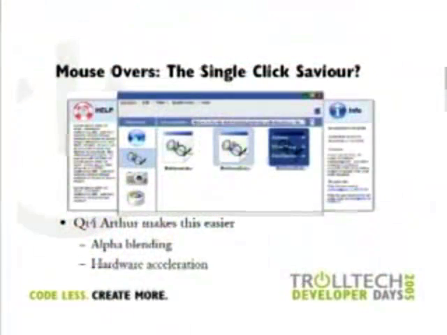So we looked at this and went, okay, well, how can we keep single click, because it's superior in a lot of ways, but solve the problem? How can we address it and make it better? Well, something I'm working on right now is the idea of mouseover based interfaces that are self-exposing.